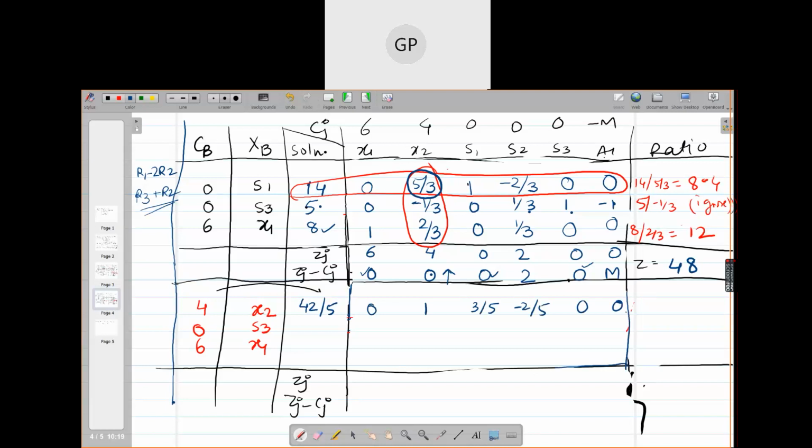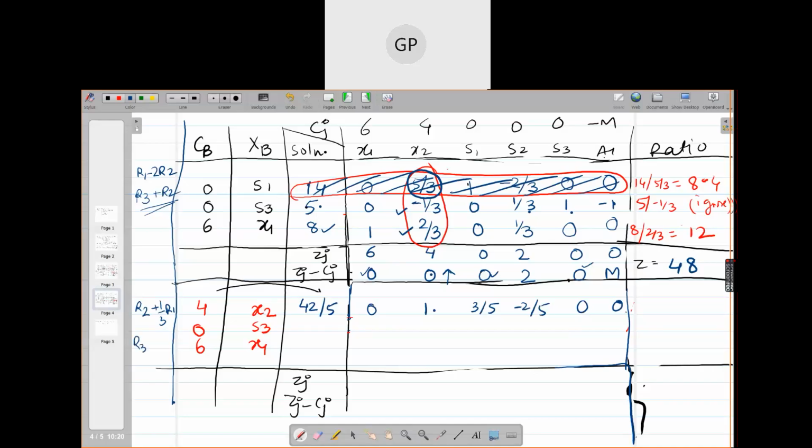Okay. So ऑपरेशंस बताओ अभी. इस माइनस 1 by 3 को 0 बनाना है, इस 2 by 3 को 0 बनाना है यूजिंग दिस न्यू रो. सो ऑपरेशन क्या होगा? R2 plus 1 by 3 R1 and R3 minus 2 by 3 R1. Okay.